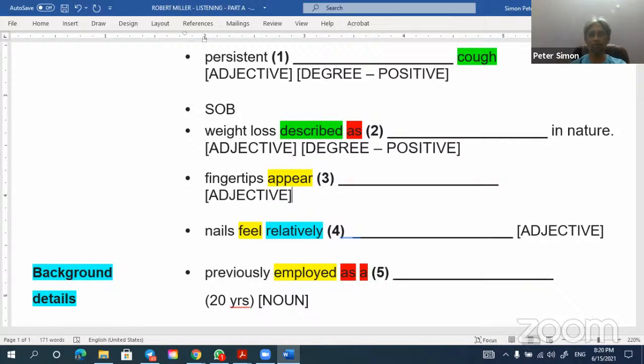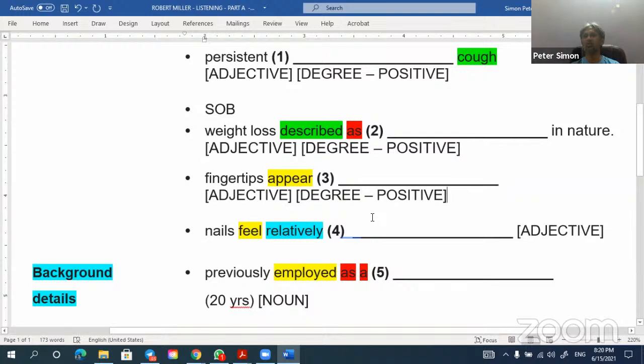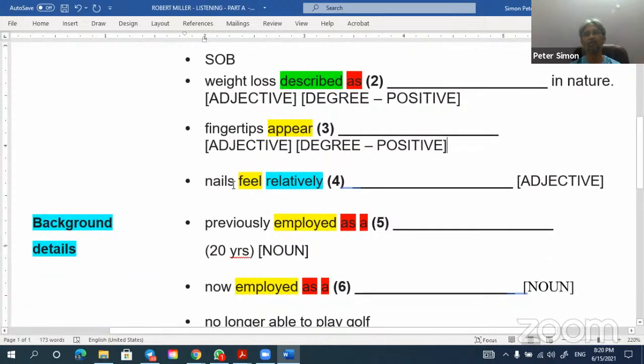So it will be positive degree, because than is not there. I'll tell you whenever they come. But here it is not there. I'm telling you whichever is there, because I don't want to spend more time explaining those things which are not there here. But if nothing is there, positive. If THAN, than, is there, it is comparative degree. If THE is there, then superlative degree.